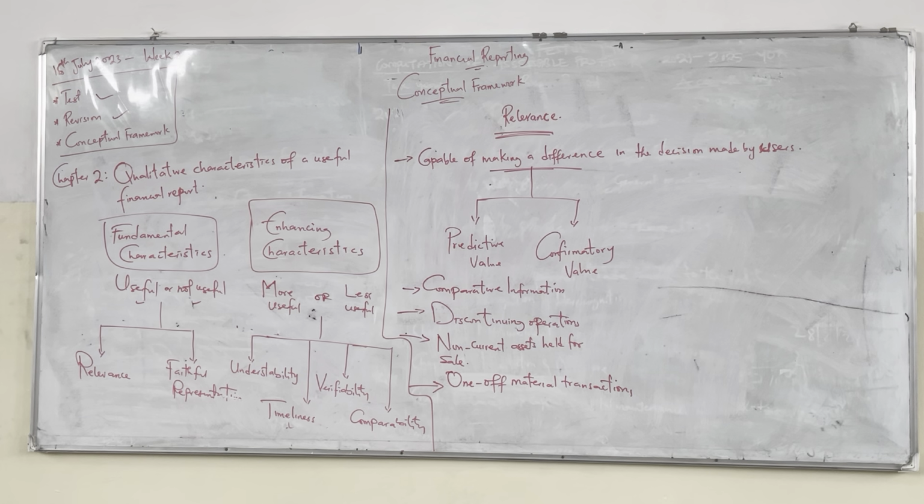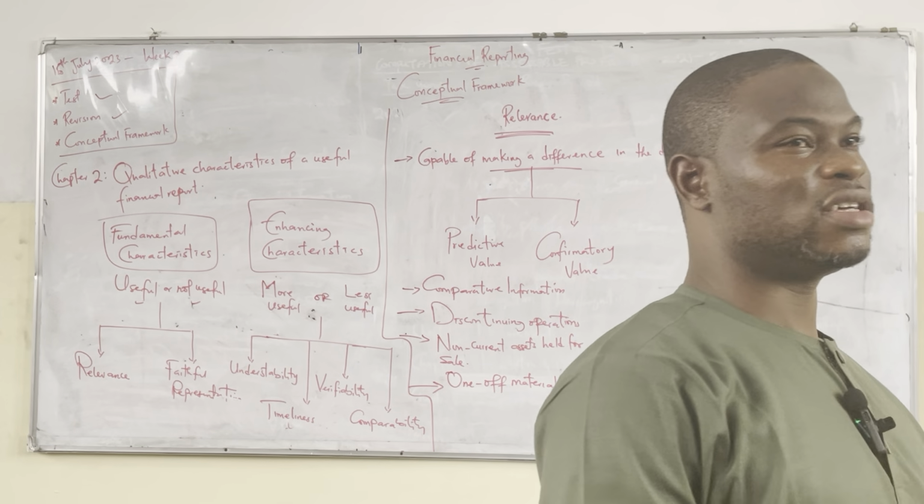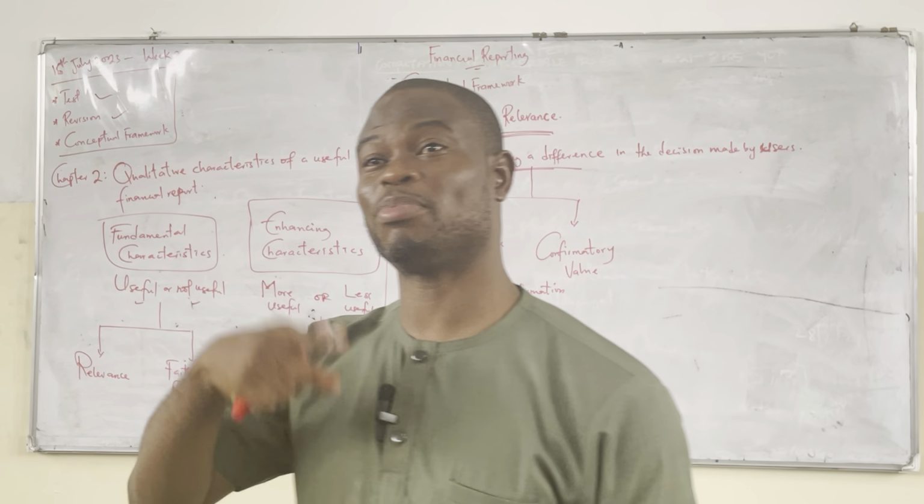A transaction that just happened this year is not something that will happen again. So those kinds of one-off transactions, you need to present them separately and clearly so that the user will know that this income that we have this year won't happen next year.